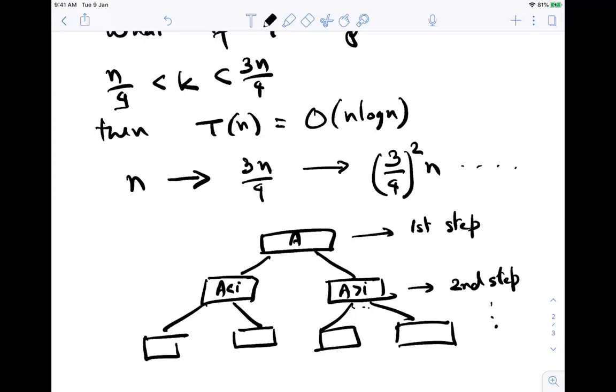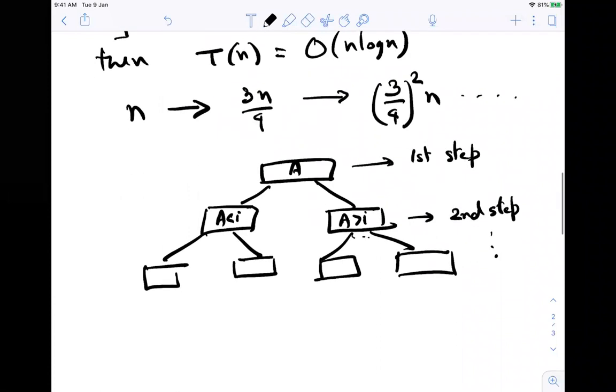Now, the question is what is the runtime? Runtime is the total number of nodes in this whole tree. Not the nodes, actually, every time you split it. So this will take order n steps to split A into two parts. Now there is an order k here and order n minus k here.